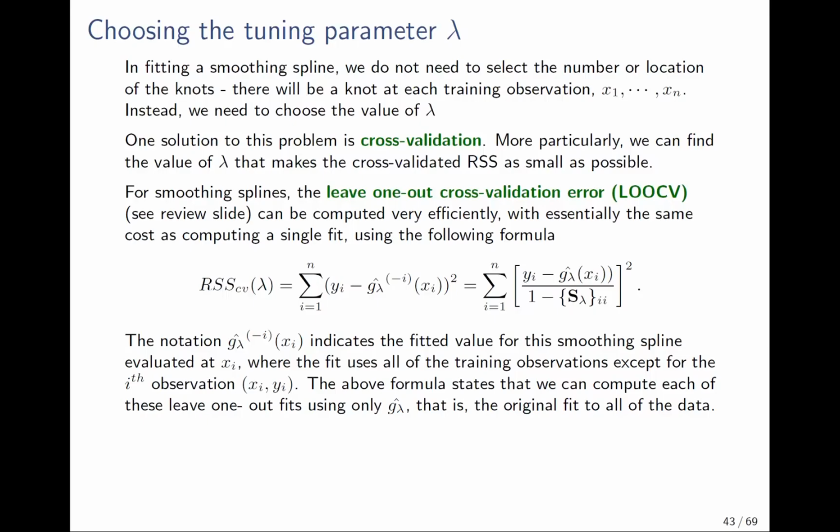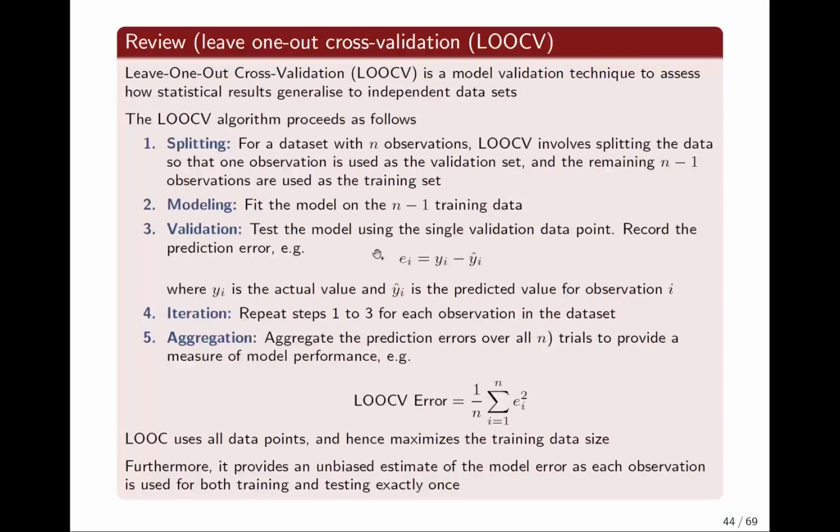If you go back to that slide, that will explain what it is. But what we want to do here is find the value of lambda that makes the cross-validated residual sum of squares as small as possible. For smoothing splines, the way this is done is through what's called leave one out cross-validation error. And it's described on this slide here, this particular form of cross-validation, and you can read that in your own time.